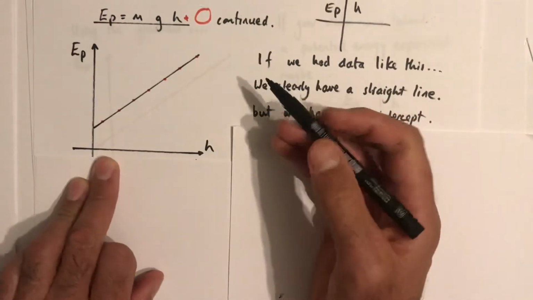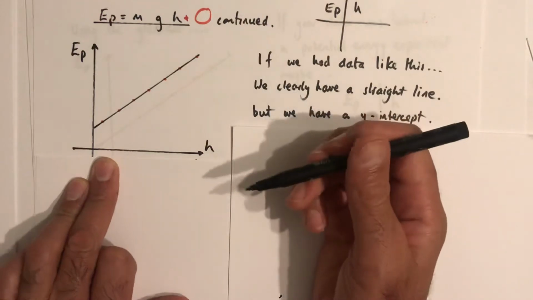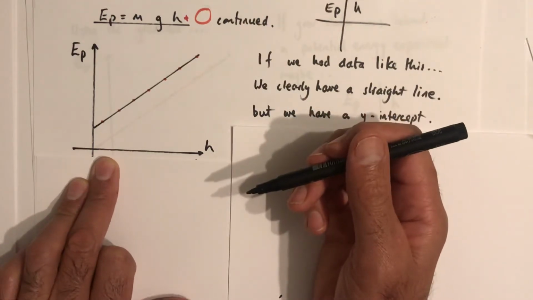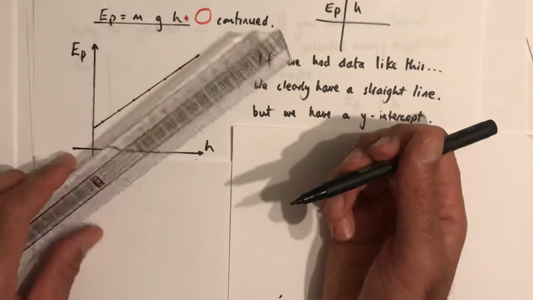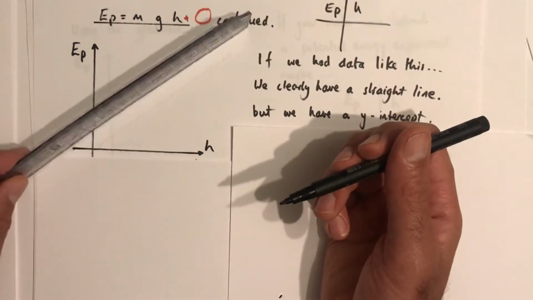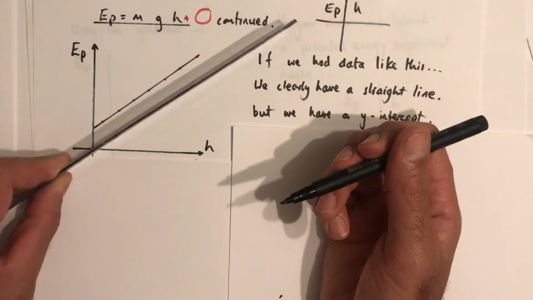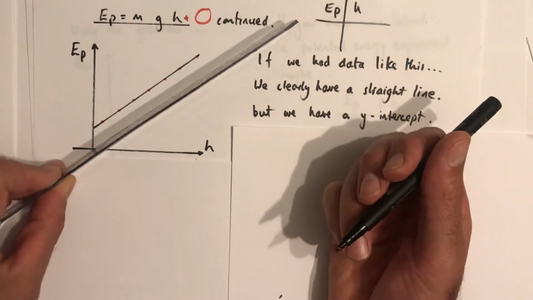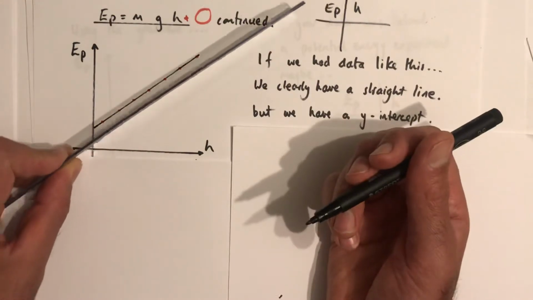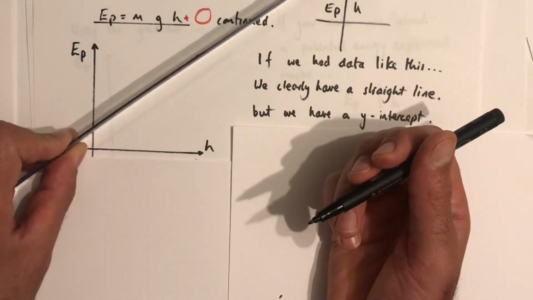And maybe the person measuring the heights wrote down all the heights a little bit too long or too high. So instead of having the graph in the right place here, all the heights have been given a few centimeters extra, and so the graph has been pushed up.